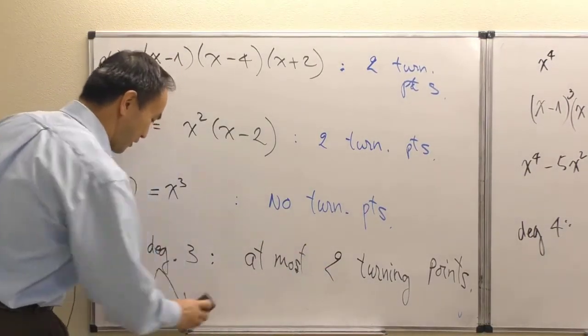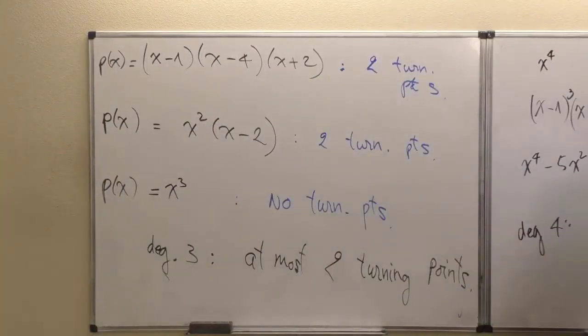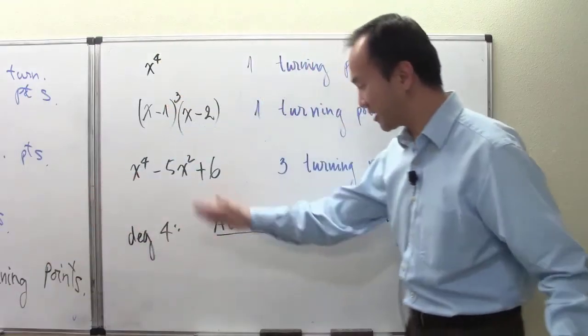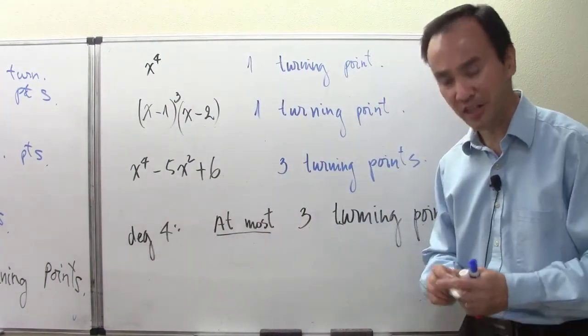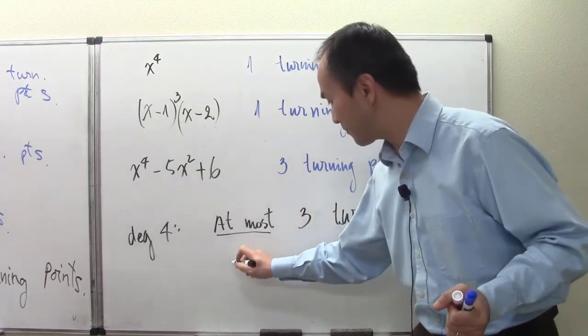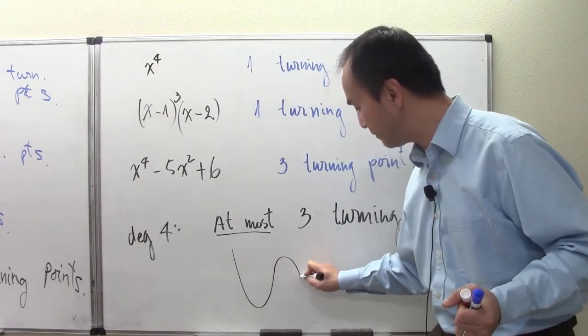And in that same way, when I was explaining earlier about the degree 4 polynomial, we can only have at most 3 turning points, because the graph falls down, turns 1 time, turns 2 times, turns 3 times.